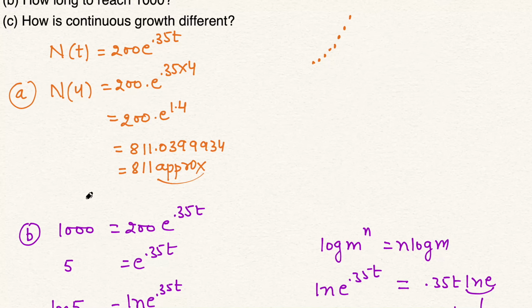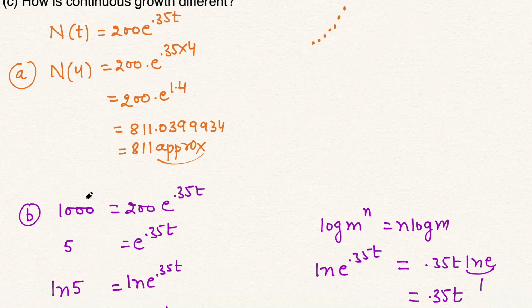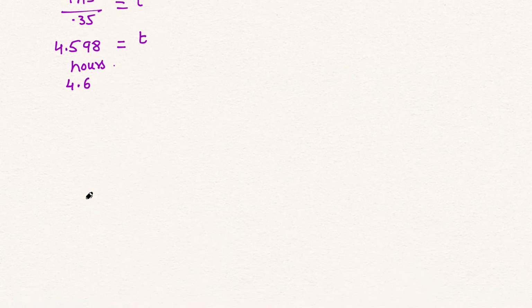Okay. How is continuous growth different from discrete growth? Let me tell you with the help of an amount. Suppose you have $1,000 in your bank account, and the bank says you are going to get 8% interest compounded annually. That means in 1 year you are going to get 8% interest, and that is compounded annually.